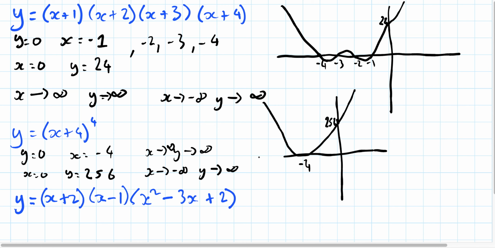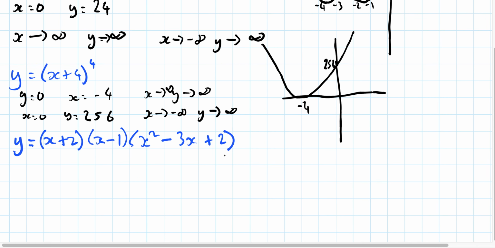Next up, we have this equation here. So the first thing I'm going to do is factorize the quadratic part of it. So I've got x plus 2, x minus 1, and then we have x, it's going to be -2 and -1.